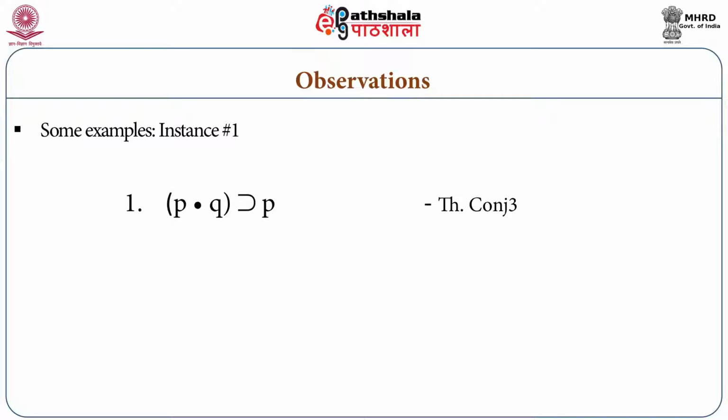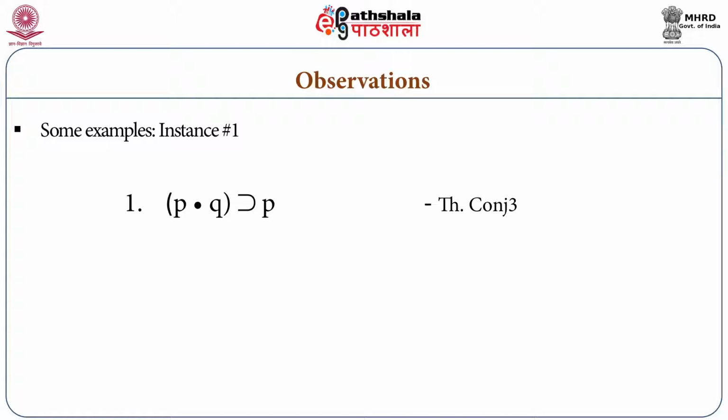Now that we have seen the rule of equivalent substitution, we can use this rule to derive some theorems. Let us look at some theorems. Let us have theorem conjunction 3, which is P and Q implies P, as our first step.